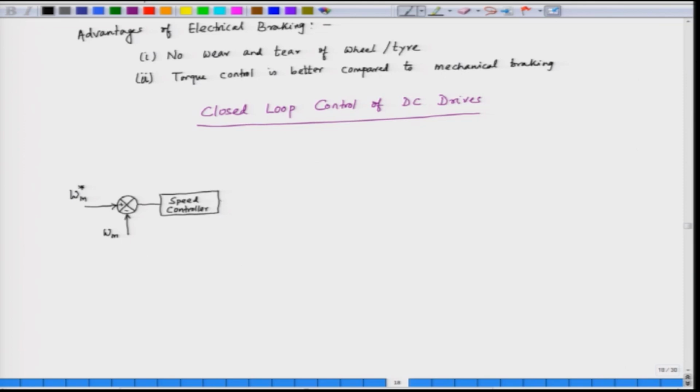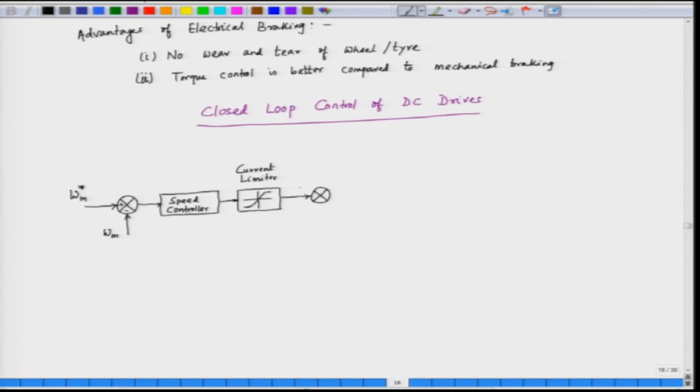And then the speed controller outputs the current. This is a current limiter. And the output of the current limiter is the reference current of the motor.